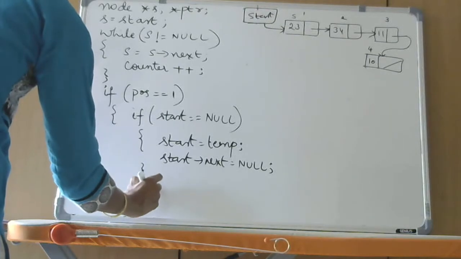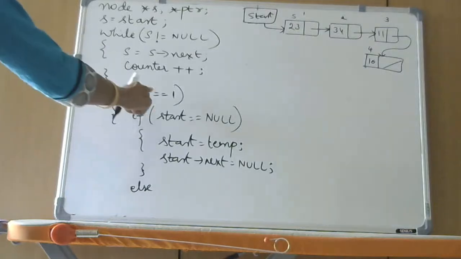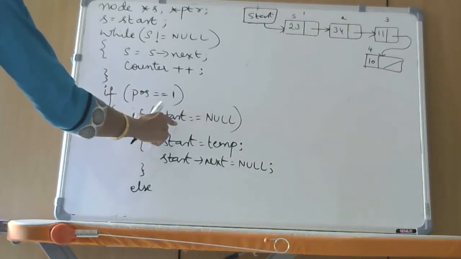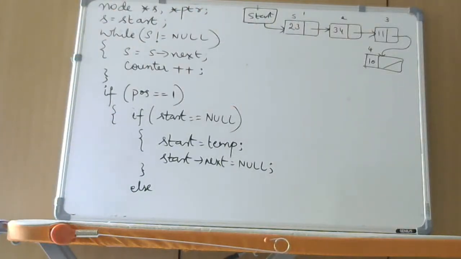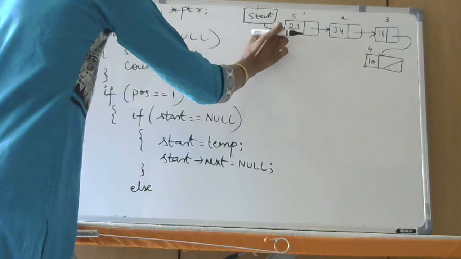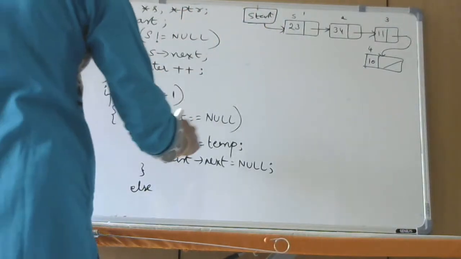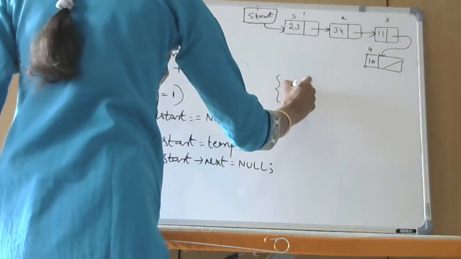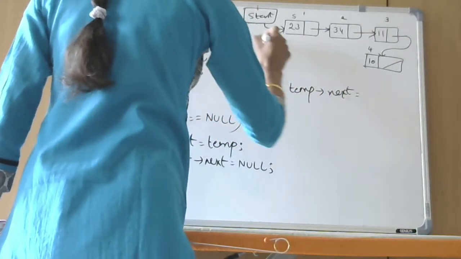Else. Else means what? I want to insert at the first position, but the linked list is not empty. It already has some nodes existing. So what will happen? My new node will come here, and that new node will become the new start. Correct? So in the else, what can I write? Temp of next. The new node will come here.